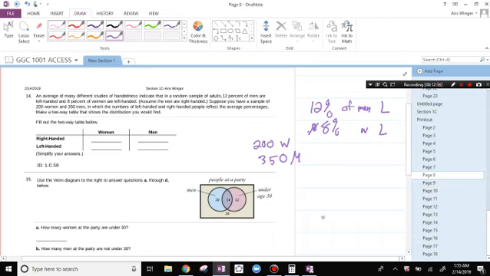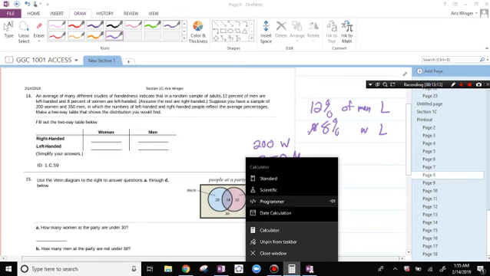All right, so how many women are left-handed? Well, it's only 8% of the 200. 8% of 200, so get the calculator out. Let's see if this works.